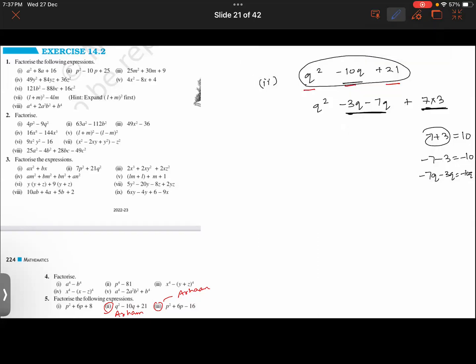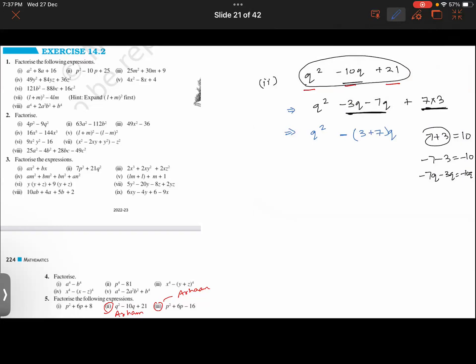Look here. We can also write q square and outside the bracket let's take the minus sign. Inside the bracket, let's write 3 plus 7 times q. Can I write it like this? In a moment, we will understand why we have written it like this.